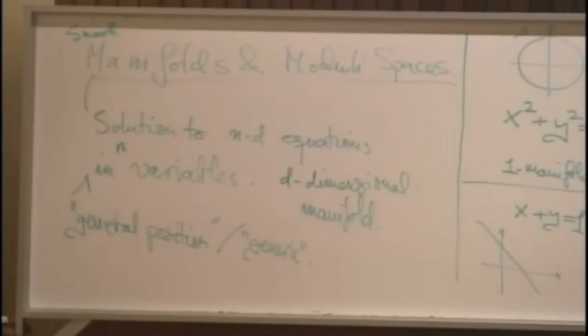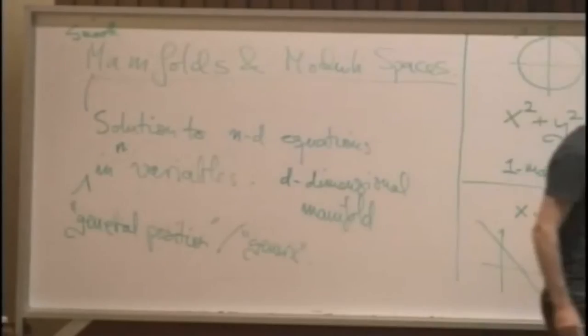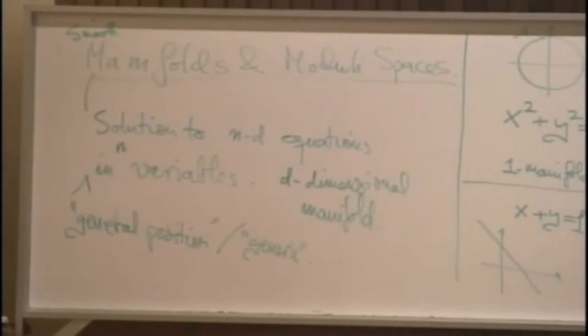Yes, I'm getting to that in a second. Yes, so what I actually mean is a set of points in R^n that locally can be described by a set of equations.